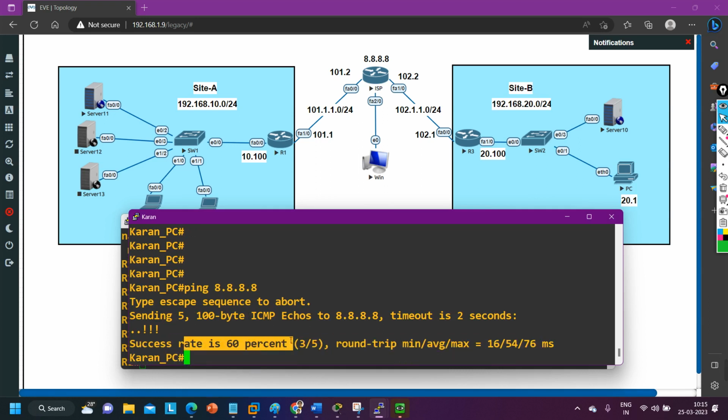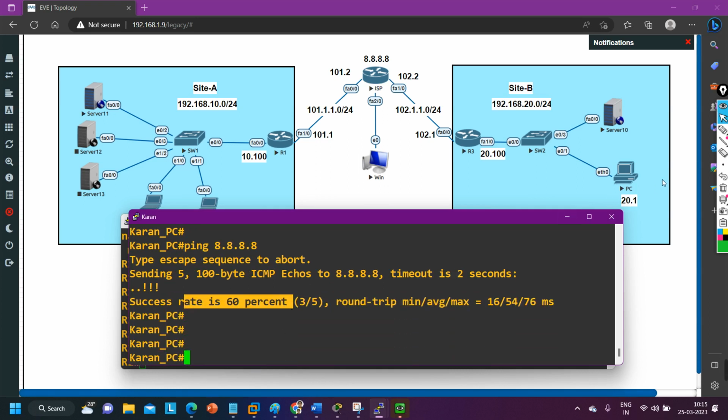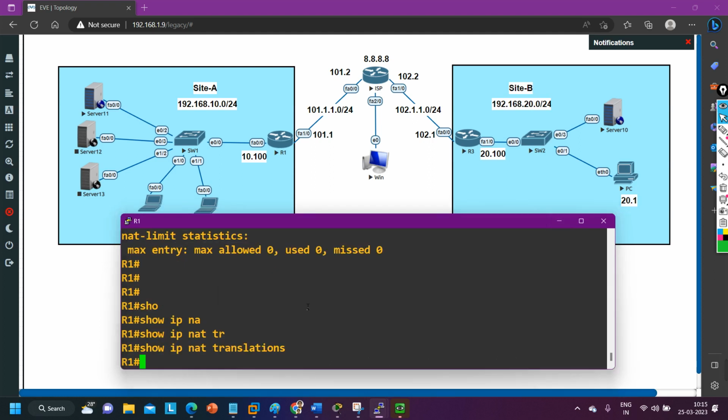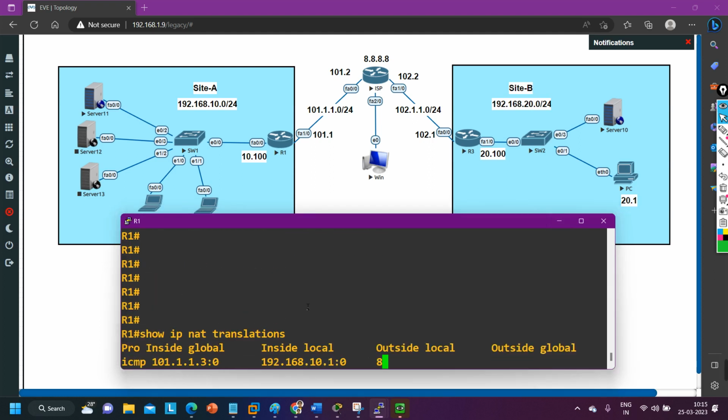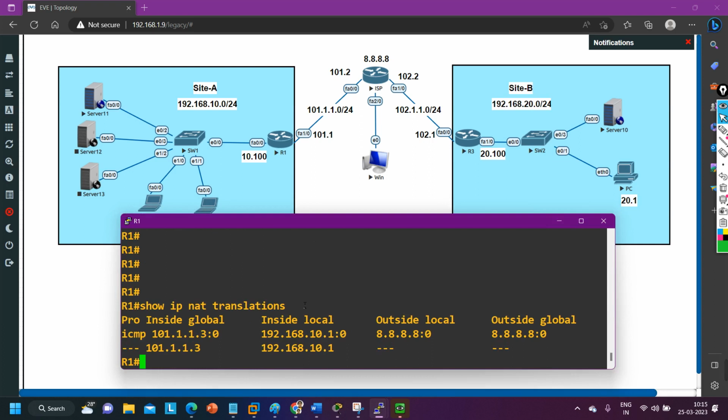Yes, Karan is able to ping now. Success rate is 60%. And now if you check ip nat translations over here, you can see all the translations. This router has translated this private IP address into this public IP address. Here you can see this is the inside global, your public IP address. This is the inside local IP address.